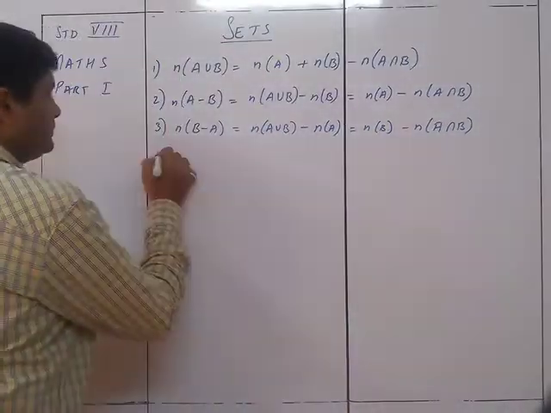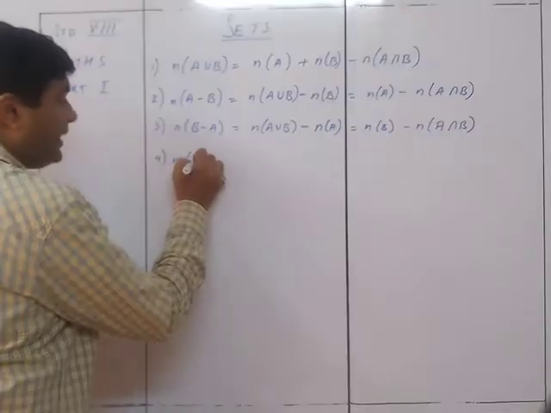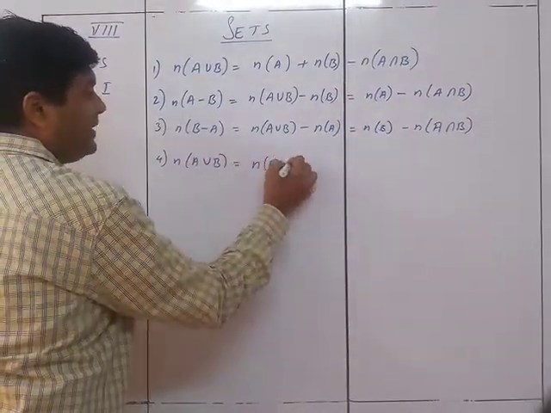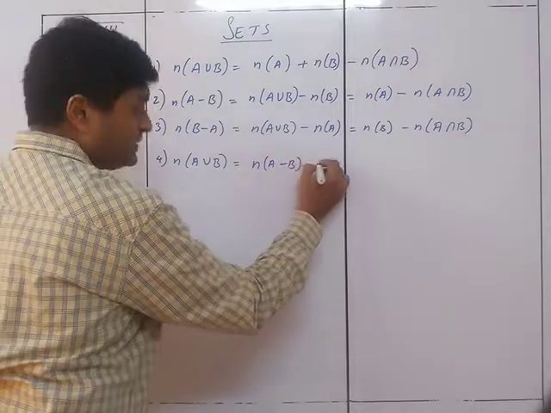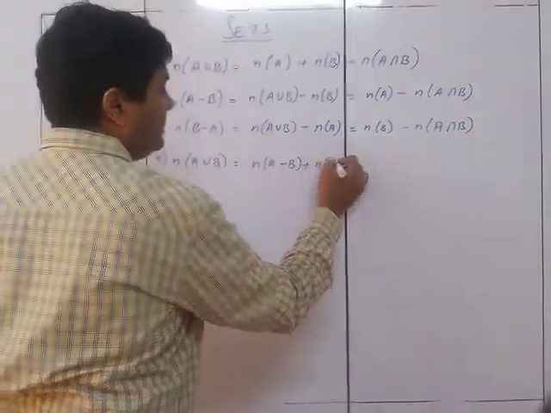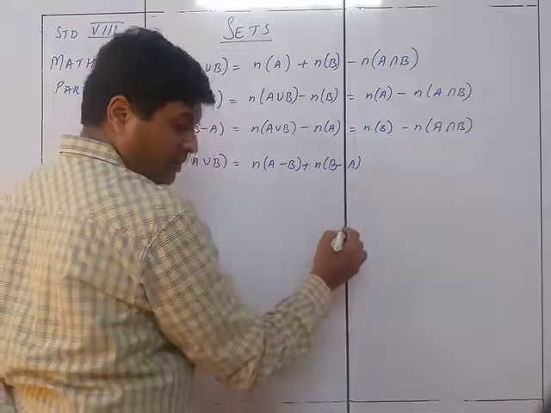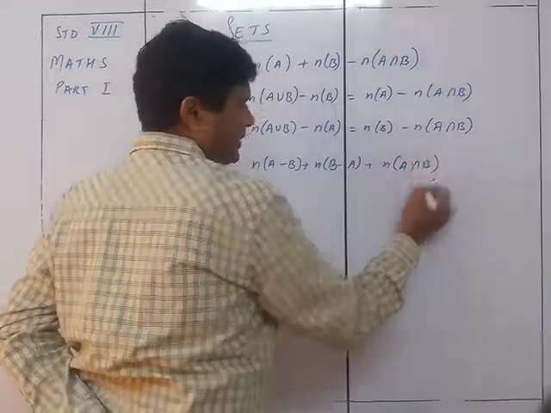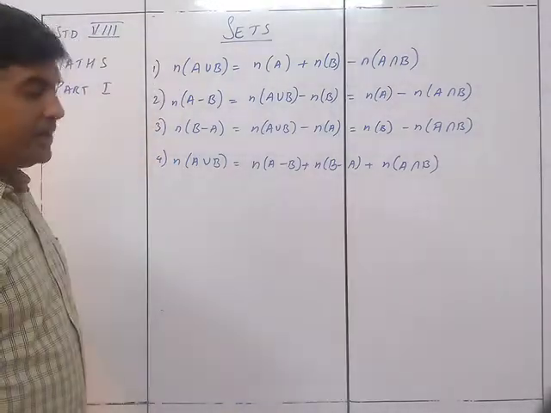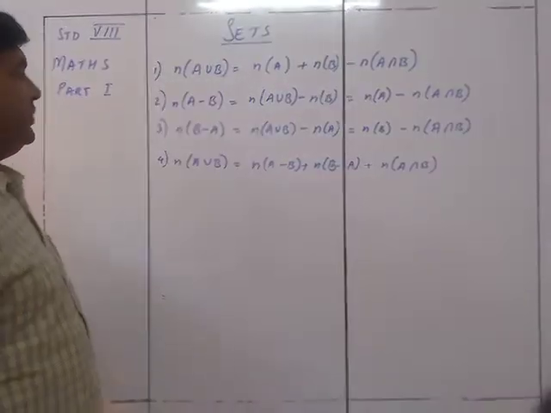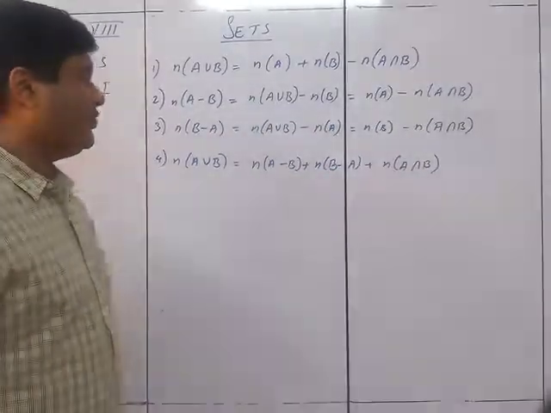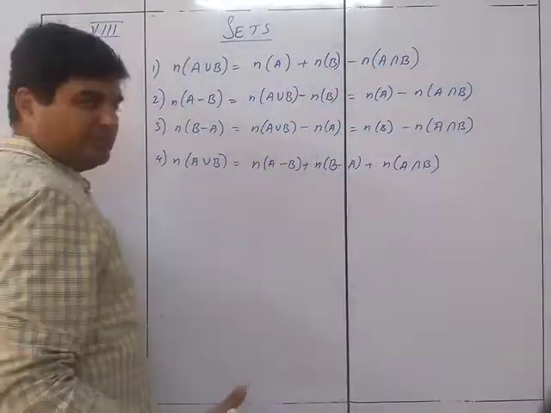The fourth one, n(A union B) is equal to n(A minus B) plus n(B minus A) plus n(A intersection B). You rarely use this one, but yeah, you need to remember this. n(A union B) is n(A minus B), n(B minus A), and if you add this up, you come to the same thing.